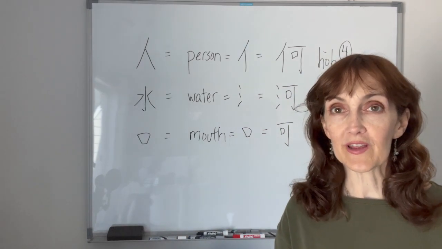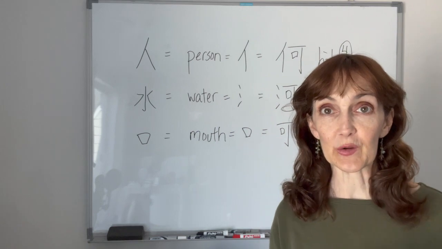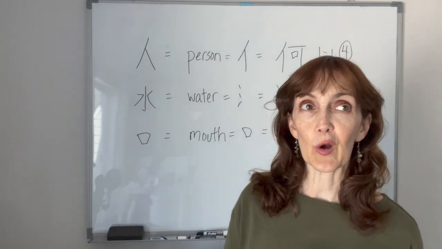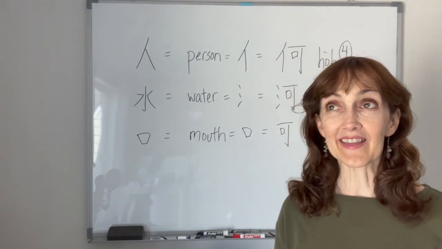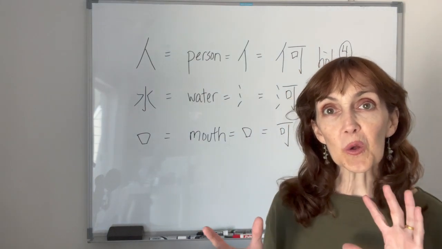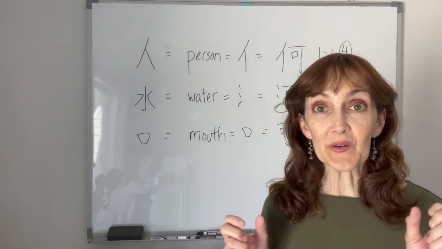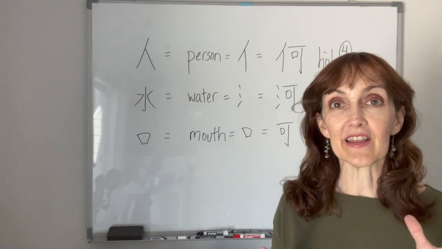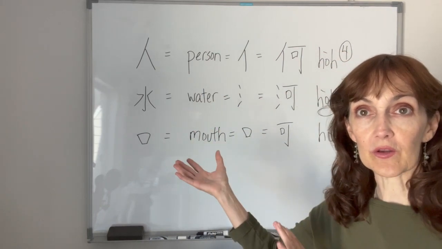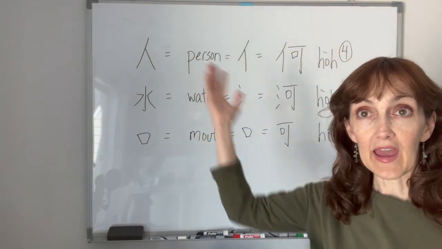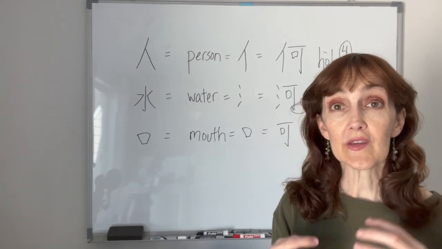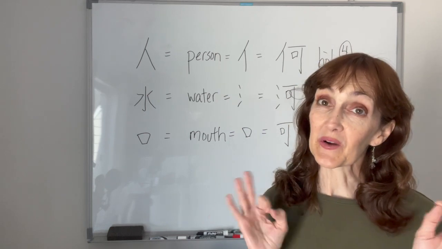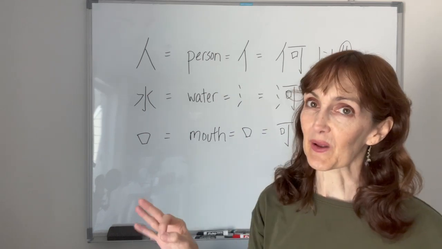But the more that I've really looked into radicals now, because some of my students over at Cantolingo are quite interested in learning radicals, it's interesting because I'm like, wow, now that I'm looking at them, there's some really cool and some cool but also confusing and frustrating similarities in the radicals. So I wanted to share with you 3 characters here and their radicals and show you just how interesting radicals can be. You may not choose the word interesting to describe them, but that's what I'm going with today.